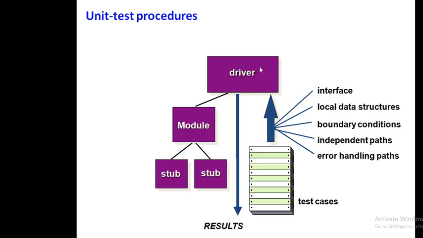This main program, the driver, will test that module and its stubs. Stubs are nothing but subprograms of that module. So the functionalities inside the module and the test cases we have written for them are all tested by this main program called the driver. This is the overall concept of the unit test environment, the unit test procedure.